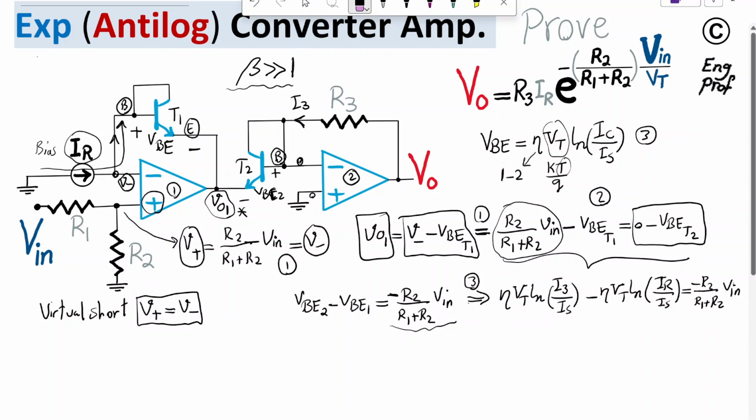Okay, so let's simplify. Actually, I can keep eta for now, but later on we can make the assumption it is 1 because it's a constant, it doesn't matter. What I need to make sure we are on the same page about is we make the assumption that these transistors T1 and T2 are actually on the same substrate and they have similar properties.